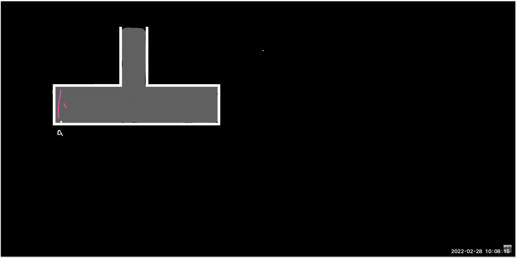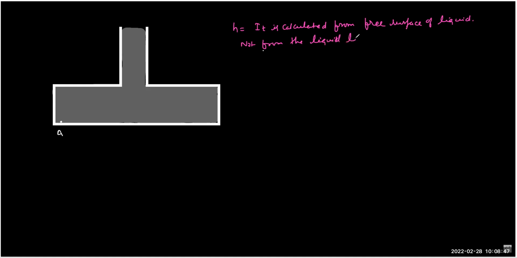So this is what you have to remember, that H is calculated from the free surface of the liquid, not from the liquid level above the point.